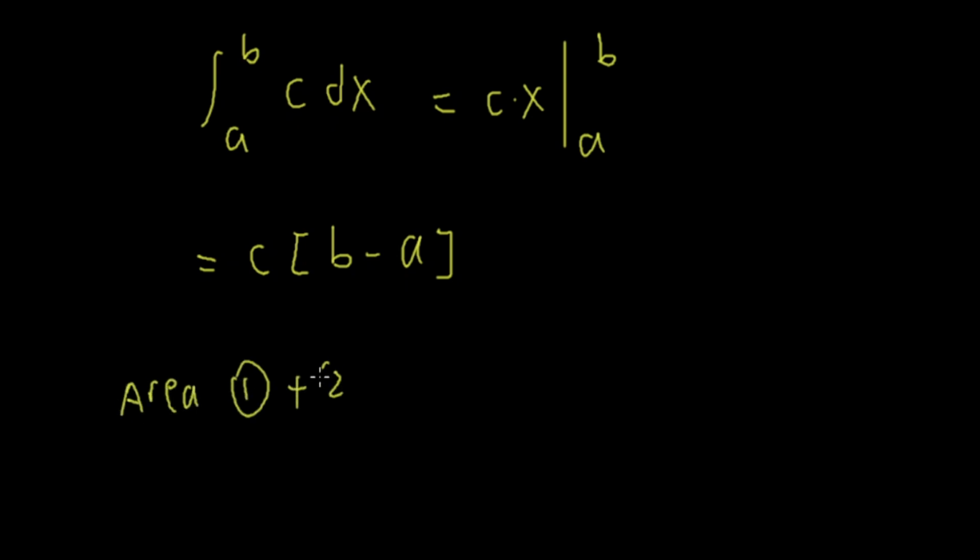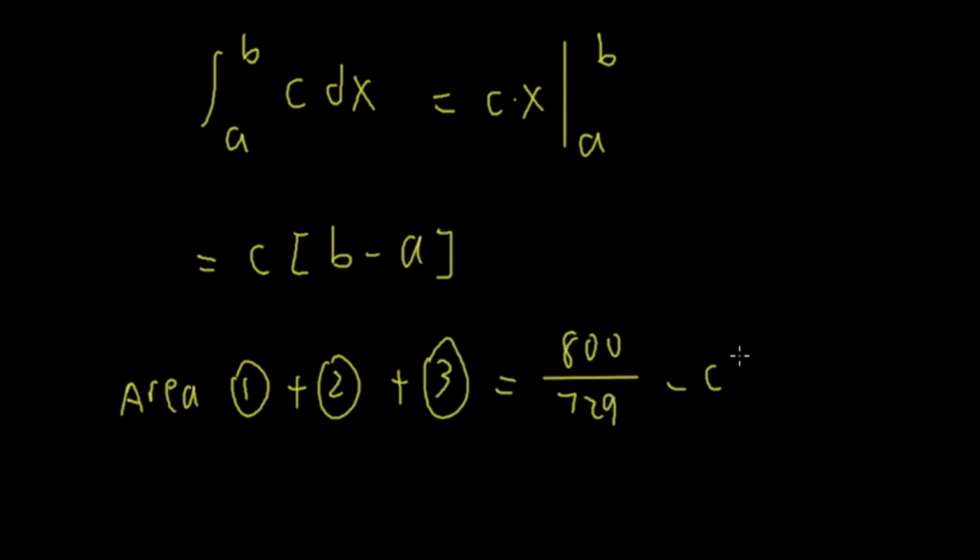So the area 1 plus 2 plus 3 is equal to 800 over 729 minus this, c times (b minus a).